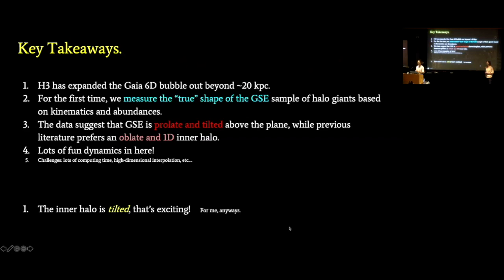That was a nice talk. I'm really curious what happens if you start playing with your selection boxes. You select chemically and kinematically, I believe, right? Yes, sir. So imagine you change your selection a little bit. Have you guys done tests where you change your selection and see if it still comes out prolate and tilted? Yeah, that's a fantastic question.